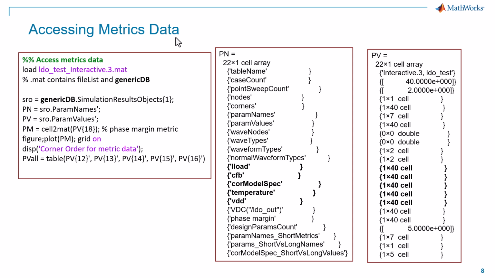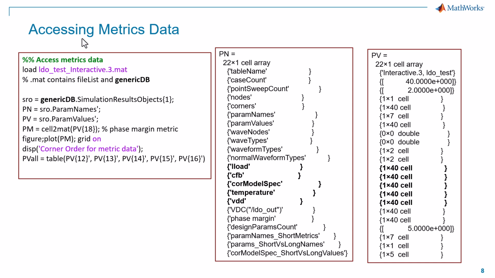The intent is to work through the Mixed Signal Analyzer app in order to access, visualize, and process the data. But I'm showing you some backdoor techniques here in this video in case you need to do something that the app doesn't support. And waveform data and metrics data access are two of those things.